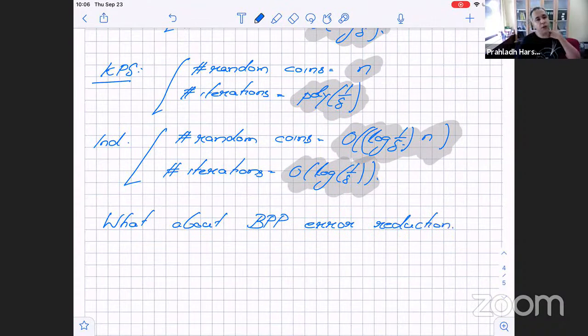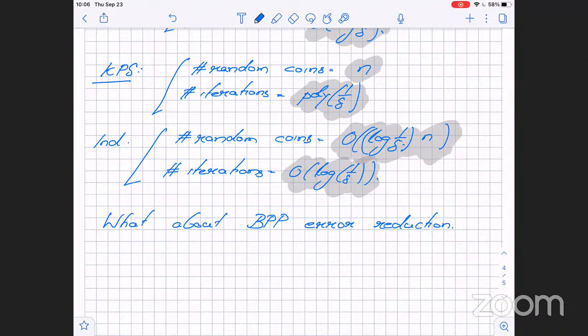Now, if you recall, what did we do for BPP error reduction with independent sets? What was the theorem that we used? You had an algorithm which made error on both sides. That is, in the yes case, it gave the right answer with probability 2/3. In the no case, it gave the right answer once again with probability 2/3. Now you wanted to amplify this. So what did you do? Once again, we took repetition, majority, and what's the theorem we appealed to?